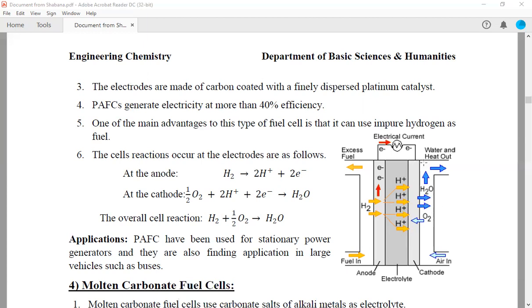This water comes out through this outlet, which is present at the top of the fuel cell. And whatever fuel, that is hydrogen gas, is taken towards the anode, after the reaction the excess fuel comes out through the outlet in this way.